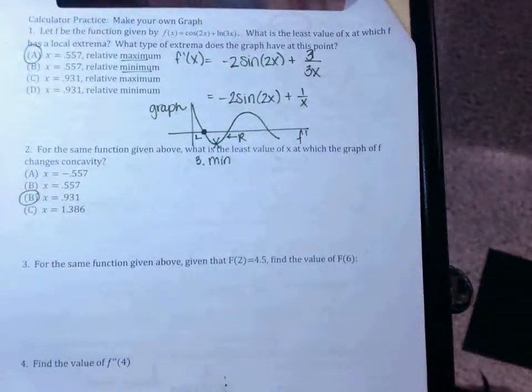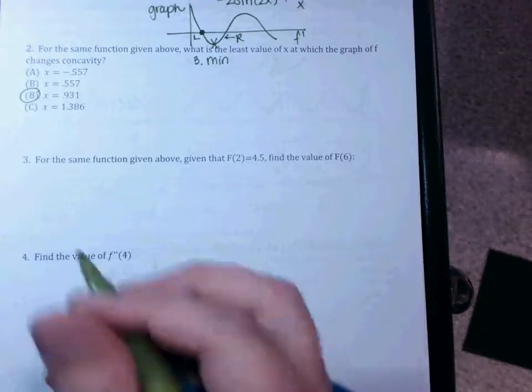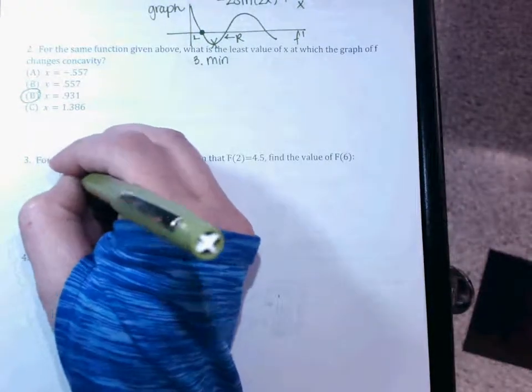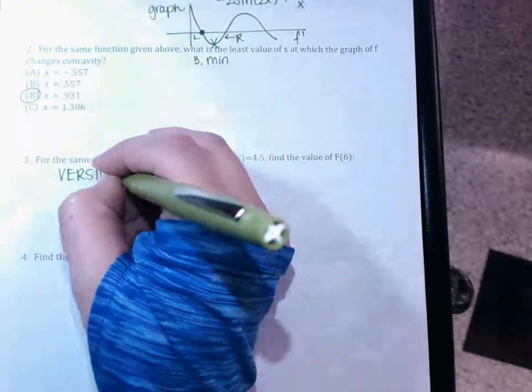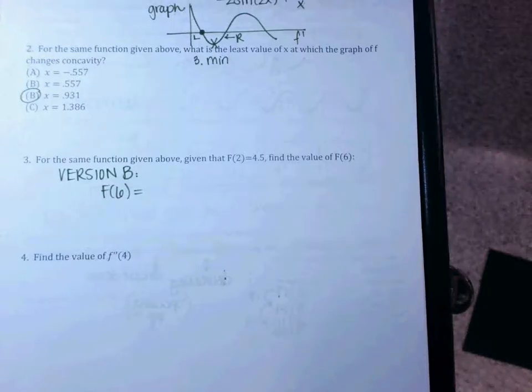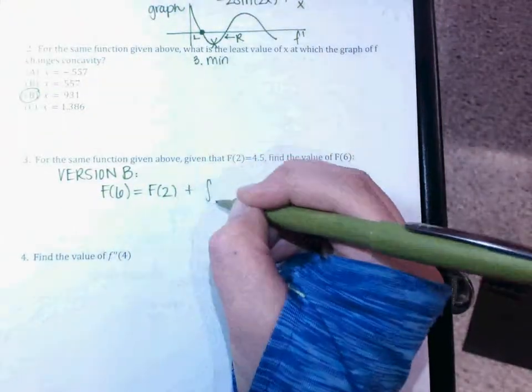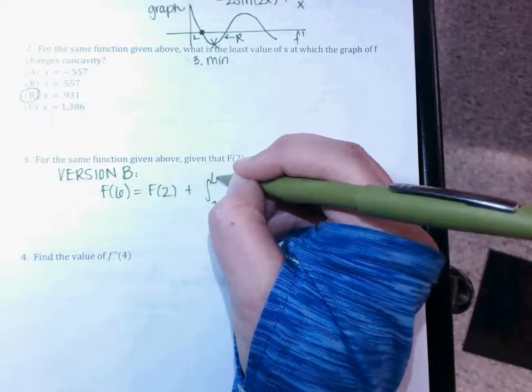It never gets better. Okay, then number 3. For the same function, find F of 6, given that F of 2 is 4.5. What would we be doing there? Version B. Okay, you would have capital F of 6 equals capital F of 2 plus the integral from 2 to 6.